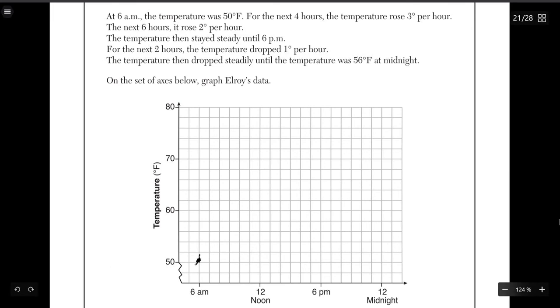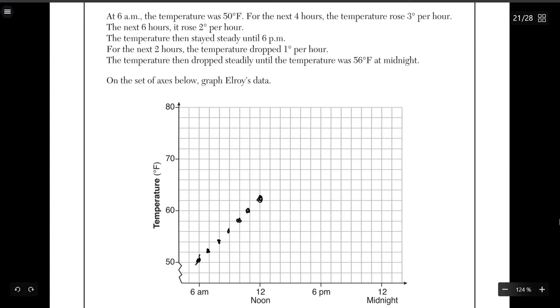So that means at 7 o'clock, this is going by twos, it looks like. 2, 4, 6, 8, 10. Yeah, so it's going by twos. So at 7 o'clock, it will be there, 8 o'clock there, until, for the next 6 hours. So that means until noon, until 12 o'clock.